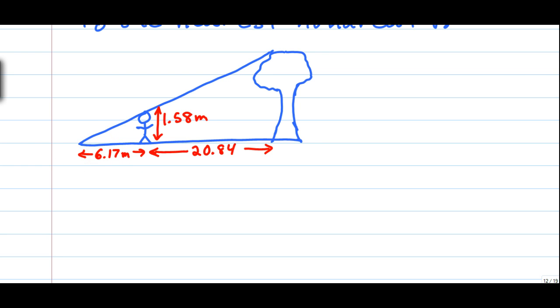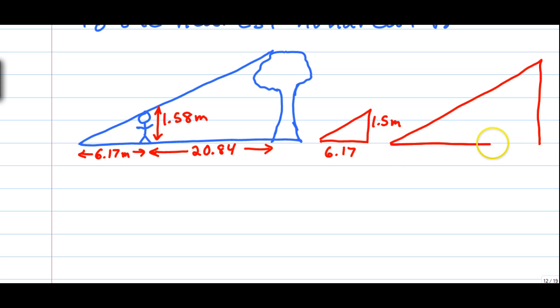With this information, if we look carefully, what we actually see are two individual triangles that have been created, a smaller triangle inside a much larger triangle. So if we pull these two triangles out from one another, we end up with one small triangle that's 6.17 meters on one side and 1.58 meters high. We also end up with a much larger triangle.